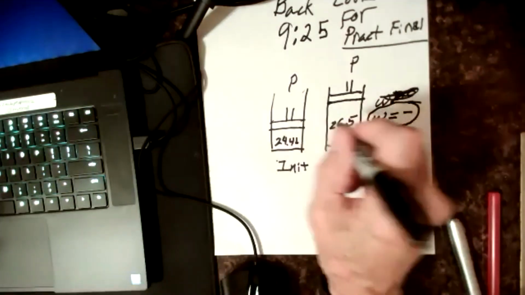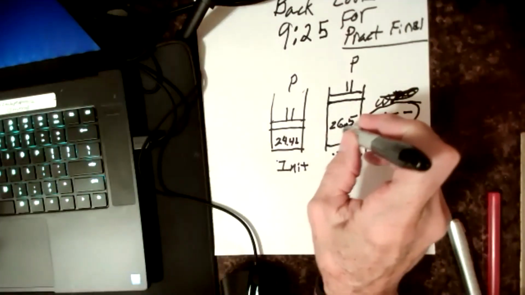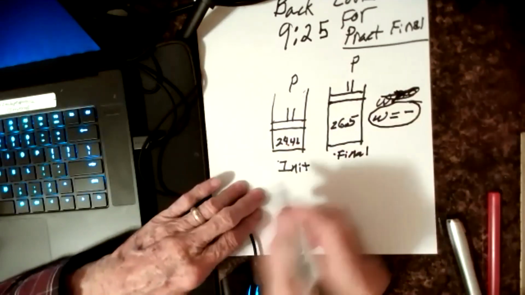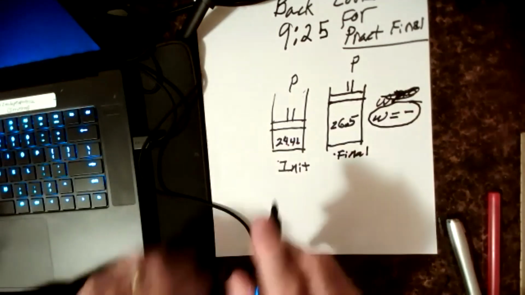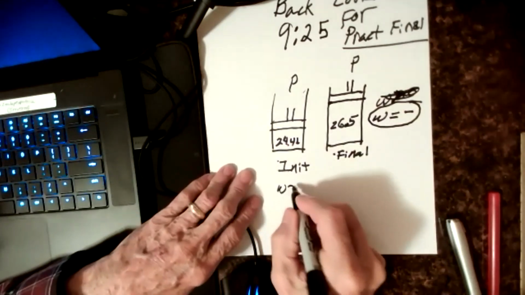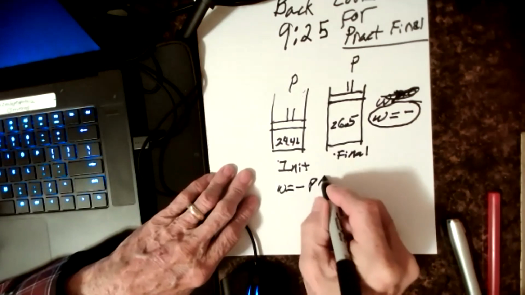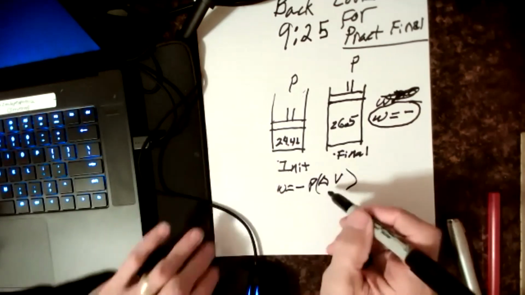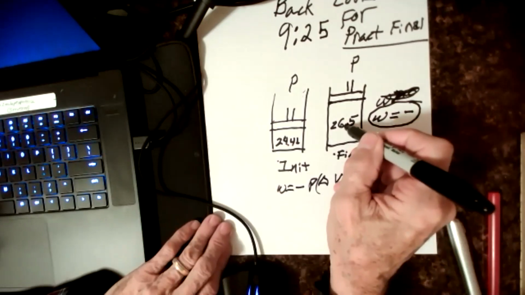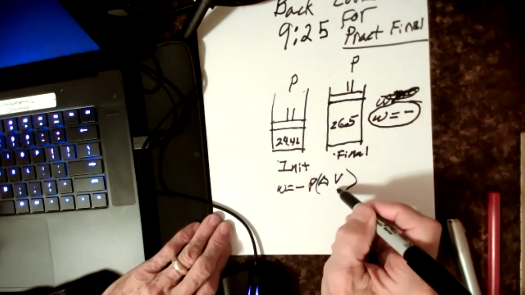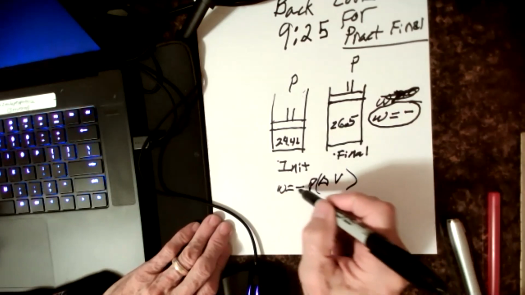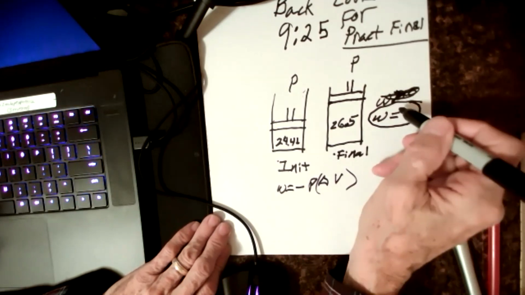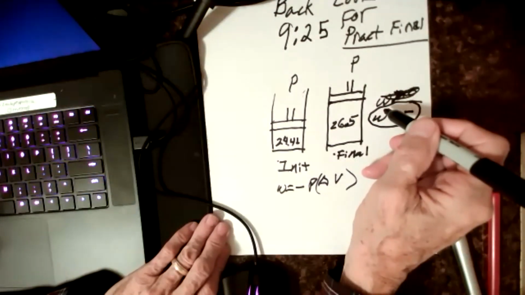Now, I didn't need to take V2 minus V1 and change the sign. Remember, what people are going to say is, well, W is minus P delta V. So they're going to put in V2, 26.5 minus 24.4. That's a positive number. Positive and a negative number gives me a negative number. Okay, that's absolutely correct.